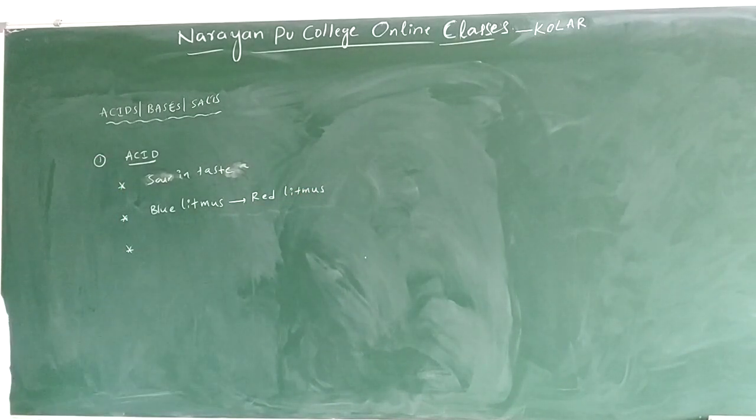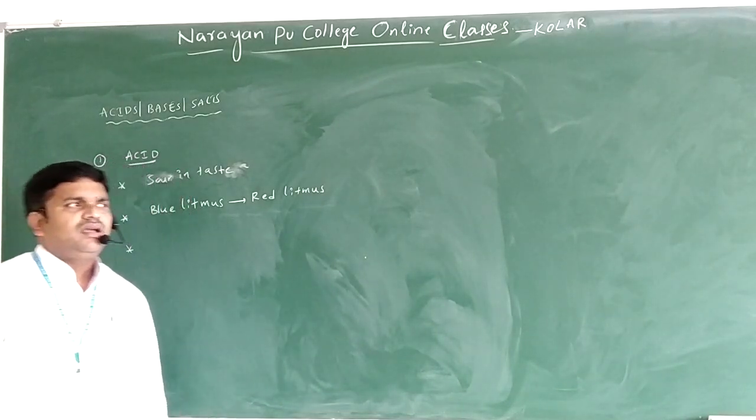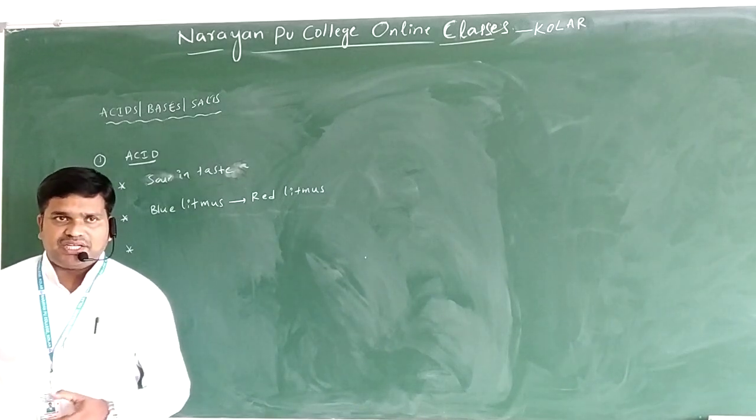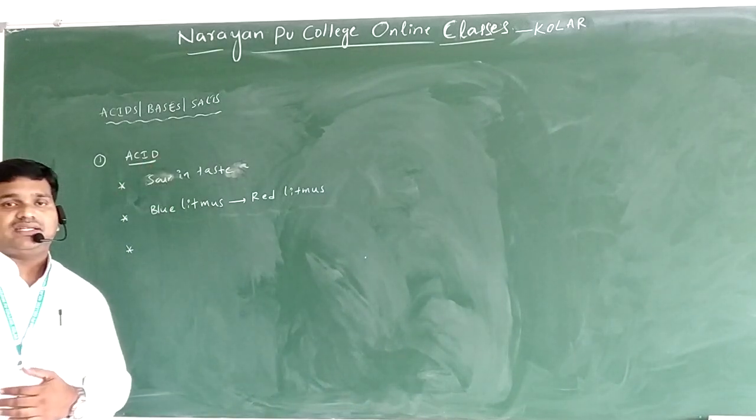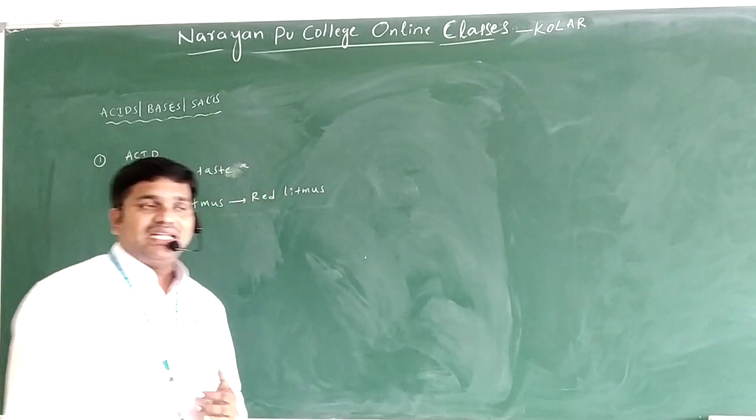Generally, how can you define acid? We have different theories of acids. The basic theory giving the definition of acid is the Arrhenius acid base theory. So what is the Arrhenius acid base theory?